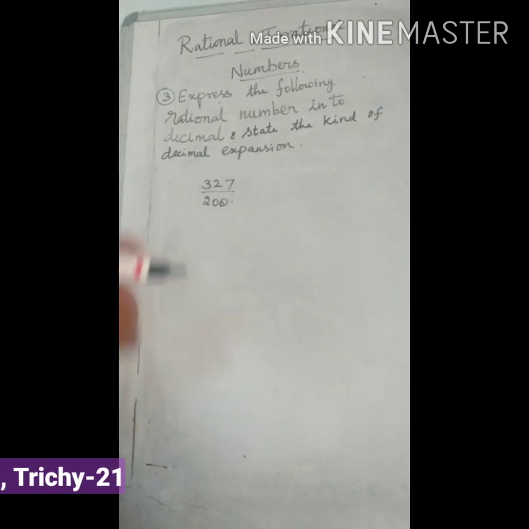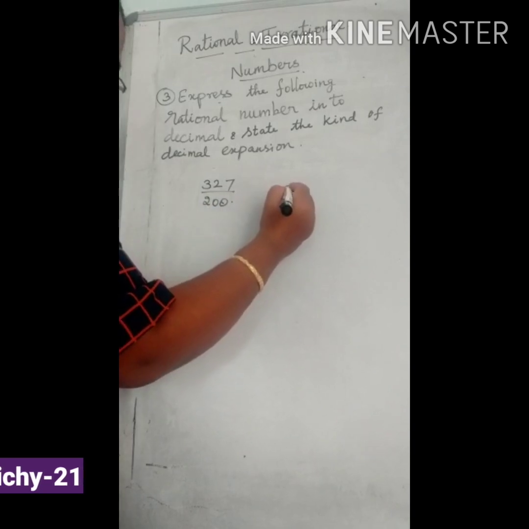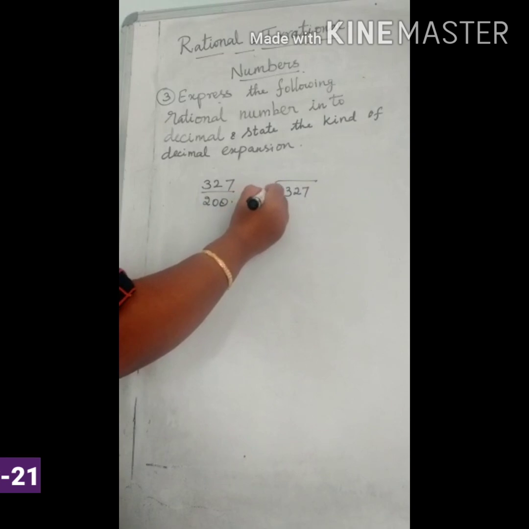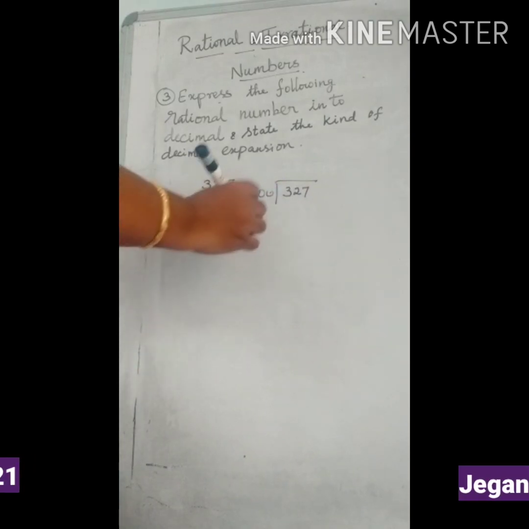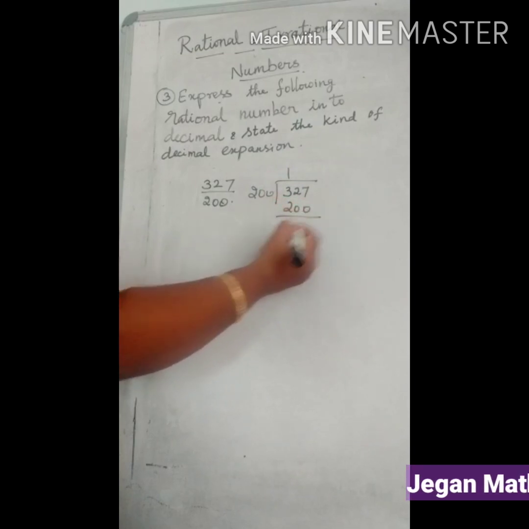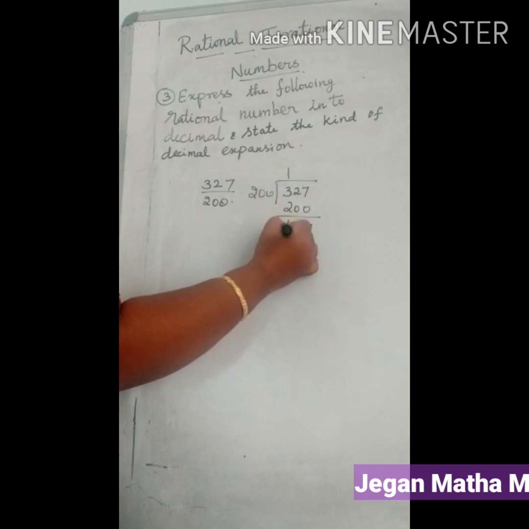Next we will find 327 divided by 200. So you have to divide 327 by 200. 1 time 200, balance 127.